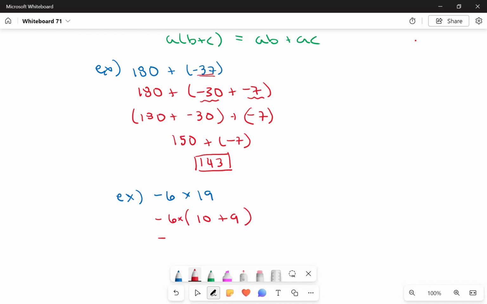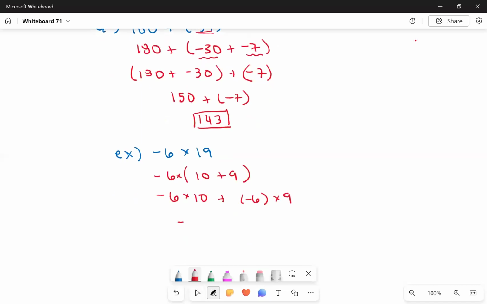So I'm going to take negative 6 times 10, which is negative 60, and then do negative 6 times 9. Negative 6 times 10, that's negative 60. And then negative 6 times 9, that's negative 54. Since they're both negative, we add them together, and that's going to give me negative 114. And there we go.